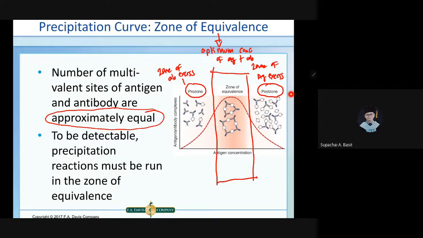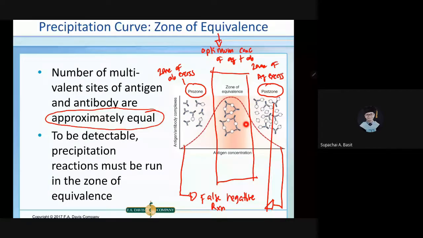We do not want to have prozone and post-zone because both prozone and post-zone will result in false negative reaction. Earlier, cross-reacting antigen results in false positive reaction; prozone and post-zone will result in false negative reaction.